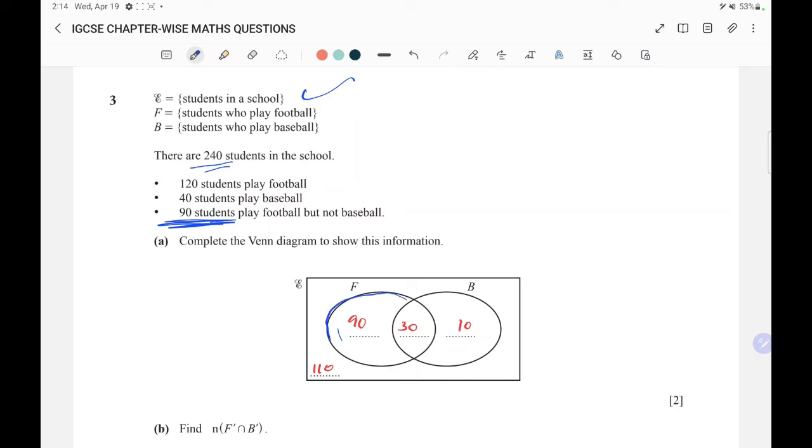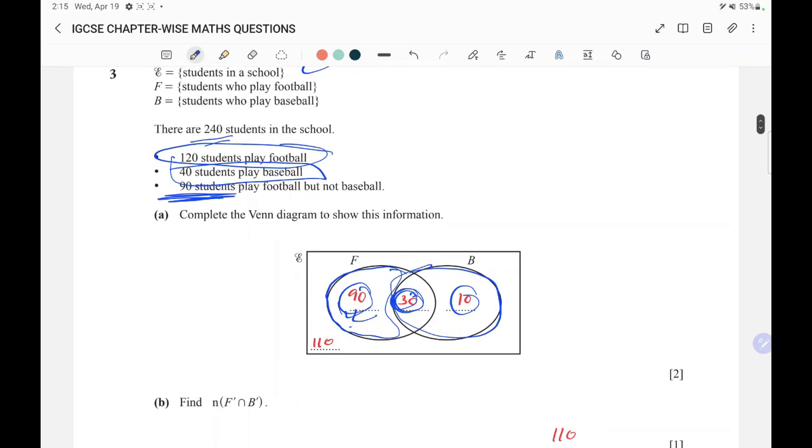So this part is only football but not baseball, so that is 90, right? And 120 students play football, so total F part is 120, so 90 is this, so it means 30 will come here. And 40 students play baseball, so this whole B is 40, out of 40 this 30, so it will be 10.